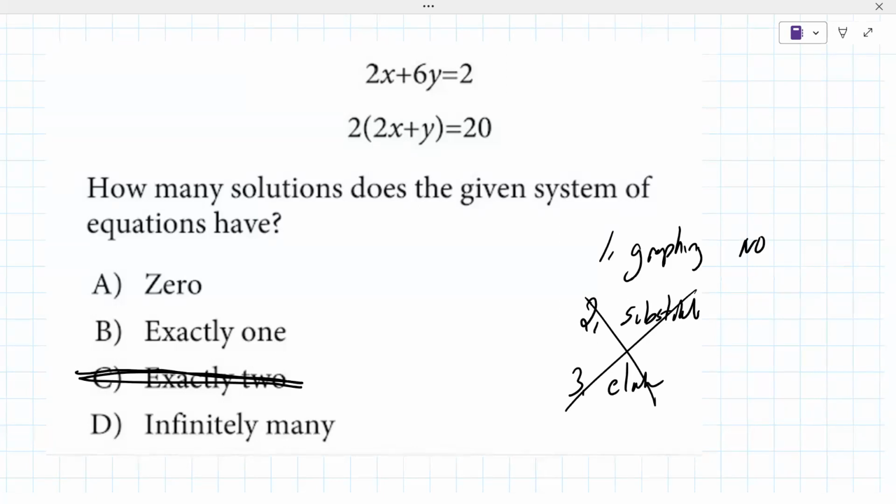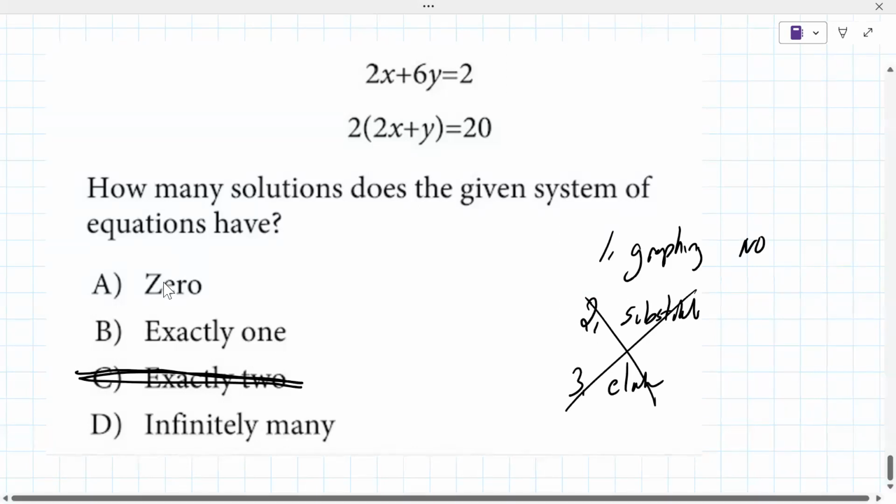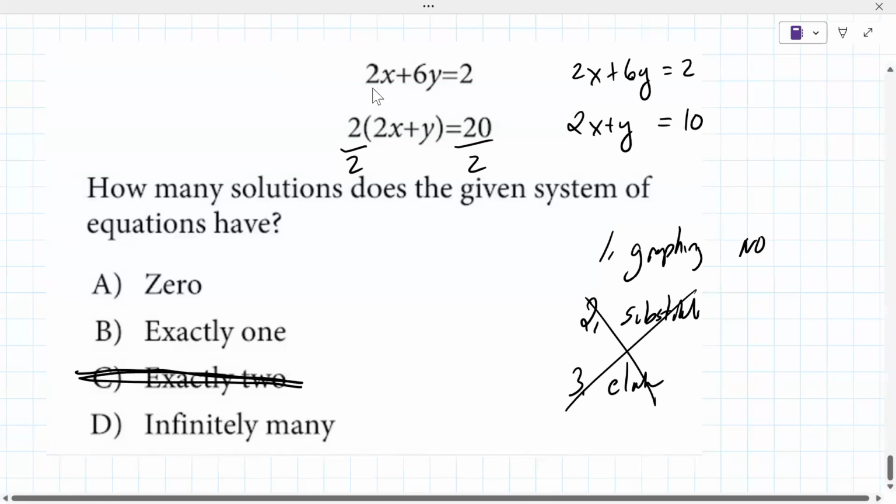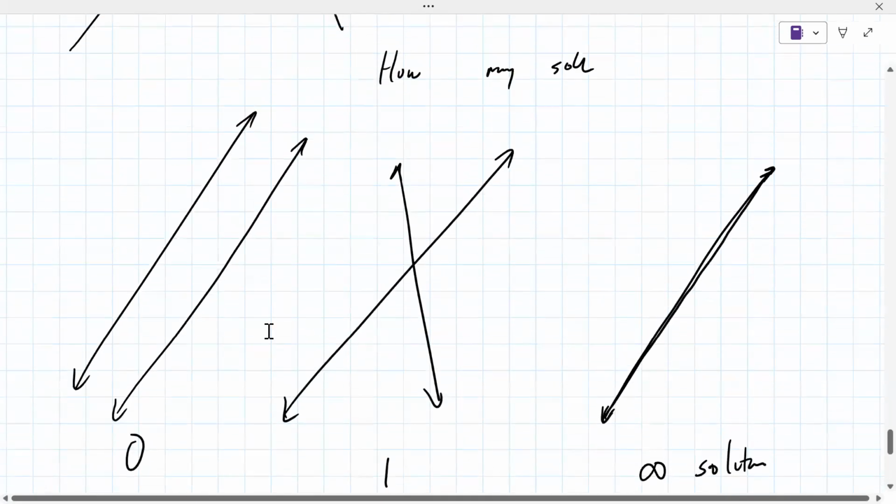So what I want you to see here is, if you divide this second equation by 2, you get 2x plus y equals 10, and 2x plus 6y equals 2. Okay, that part's okay. So we're going to go back to this picture.